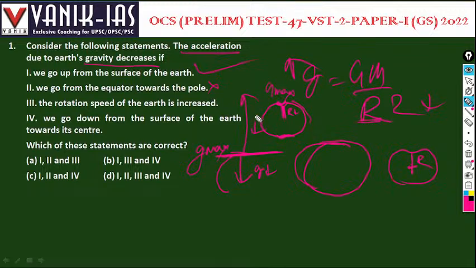The rotation speed of Earth is increased. Yes, if the acceleration due to gravity decreases, then the rotation speed of Earth is increased. If we go down from the surface of the Earth towards the center, then g also decreases. Yes, this statement is right. Then rotation speed of Earth is increased.